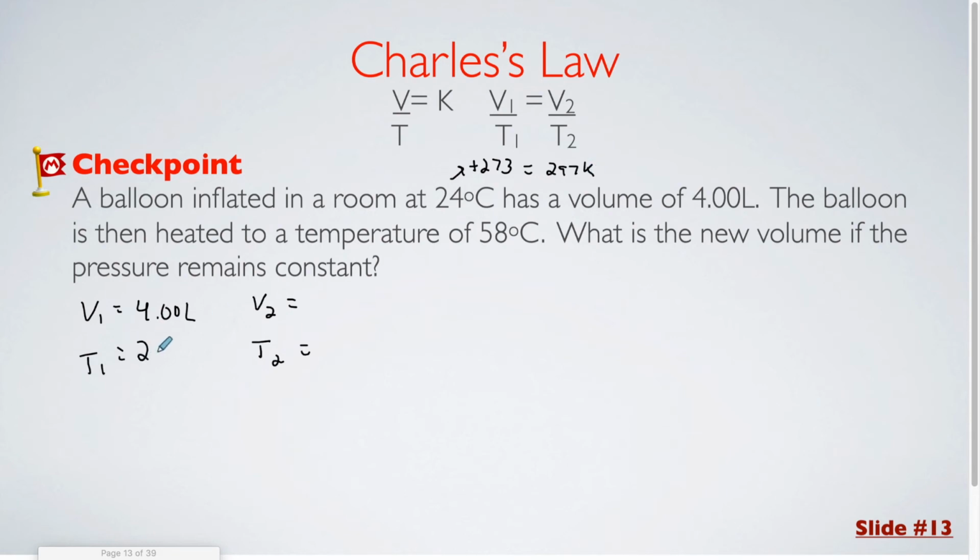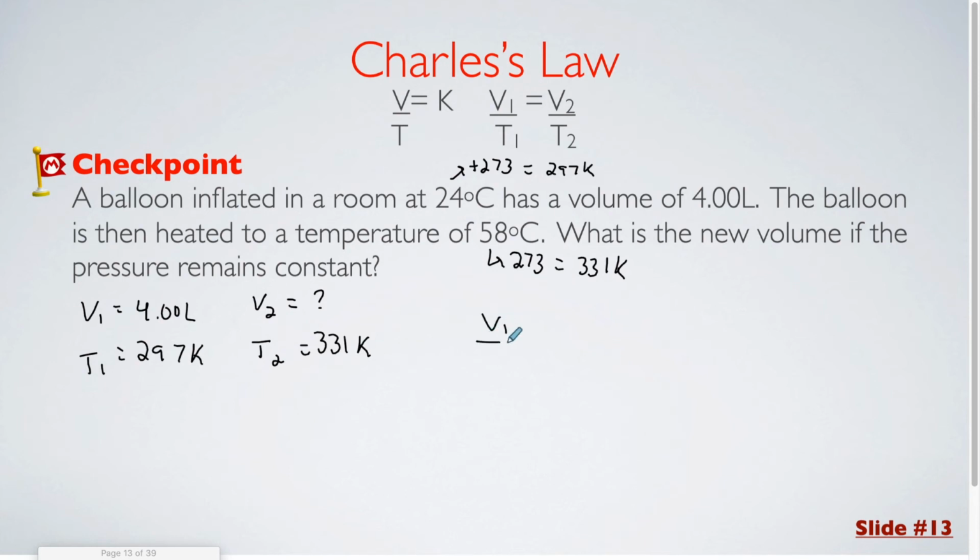So that's what I'm going to plug in down here, 297 Kelvin. I'm looking for the new volume, so that's my question mark. And then for my temperature, if I add 273 to this, that would come out to 331 Kelvin.